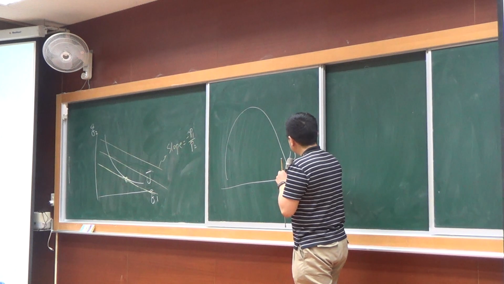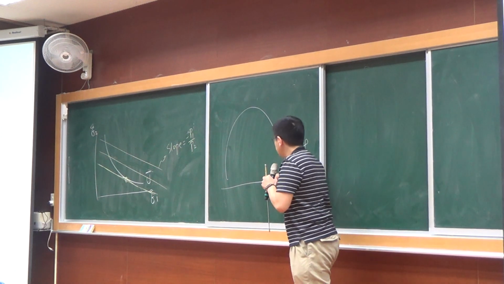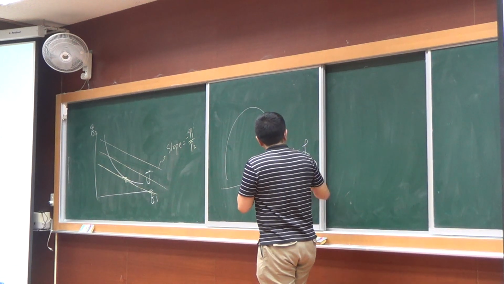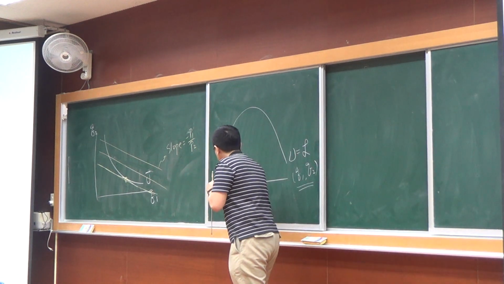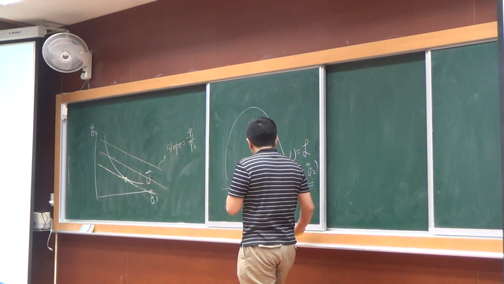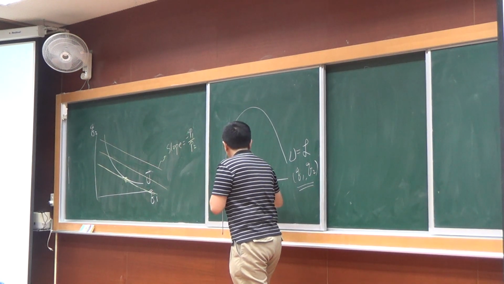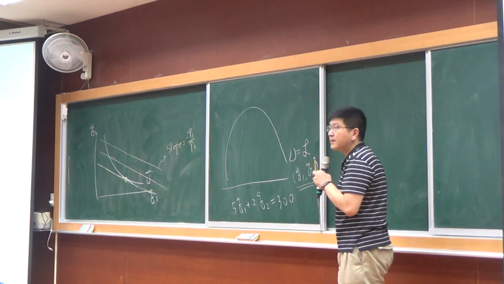And this would be Q1, Q2, the plane of Q1 and Q2. Of course, because I just gave you something like 5 Q1 plus 2 Q2 equals $300, right?